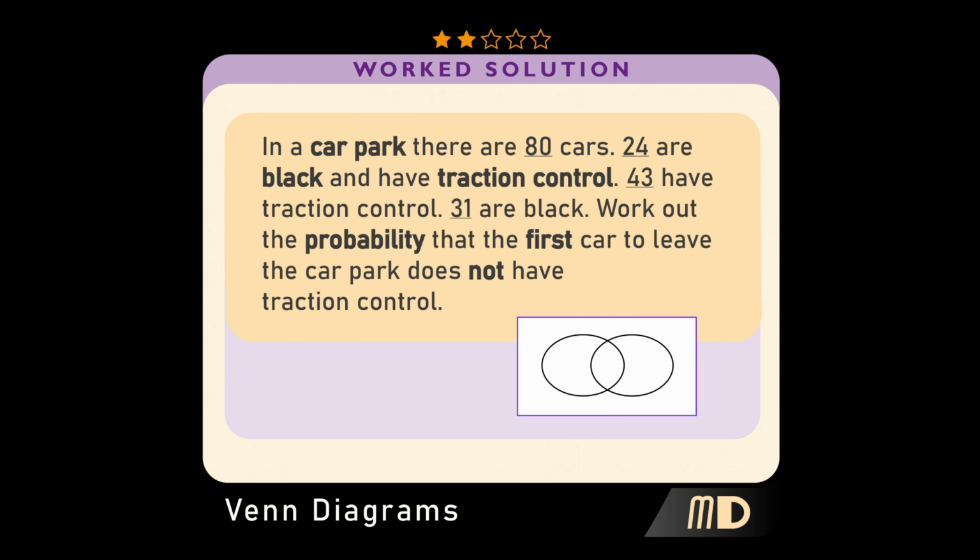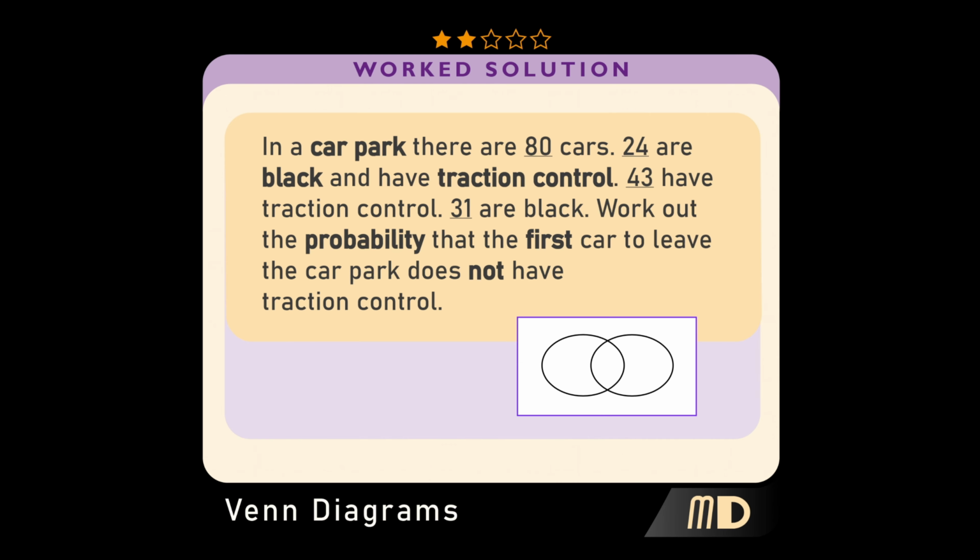A Venn diagram illustrates the logical relationship between two or more sets of items using overlapping circles. Each circle represents a distinct category or set.